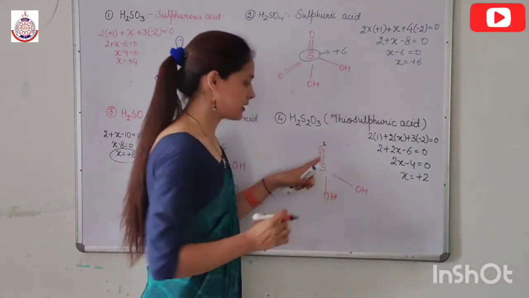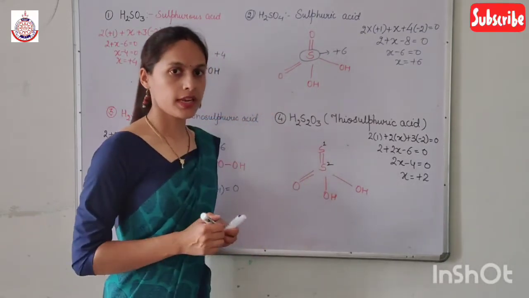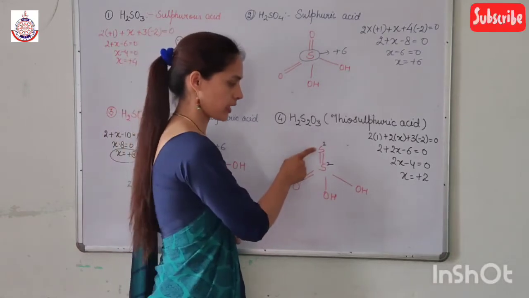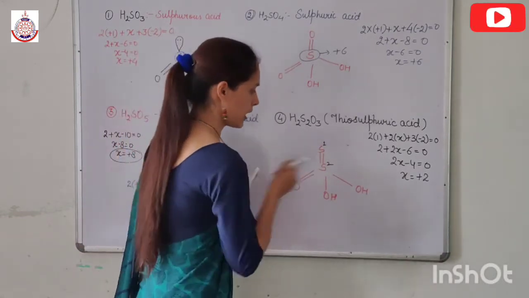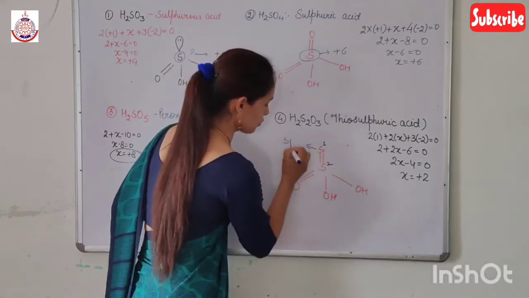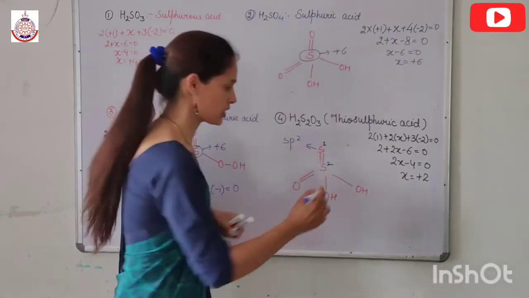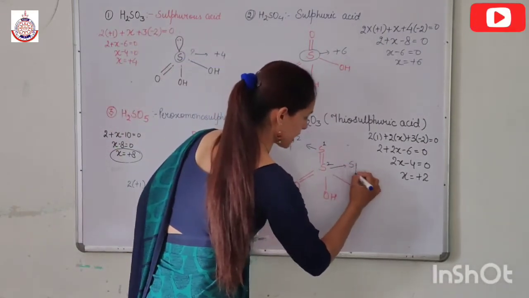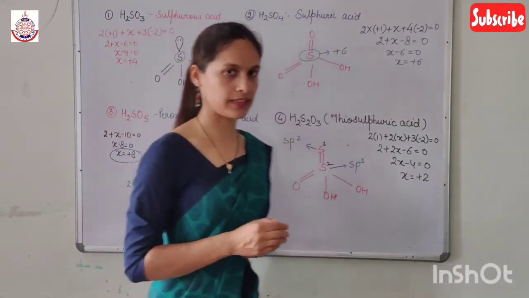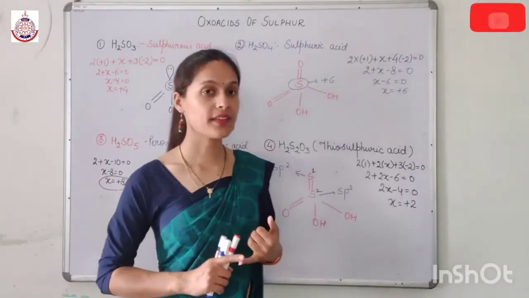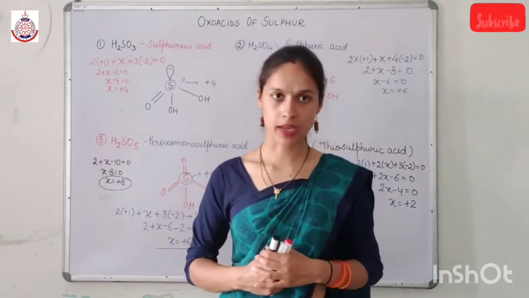Now, let us consider this sulfur as 1 and this sulfur as 2. In this case, this sulfur has sp2 hybridization and this sulfur has sp3 hybridization. In our 11th class, we studied that the more the s character, the more the penetration power.